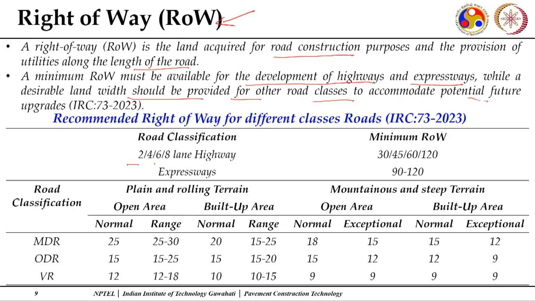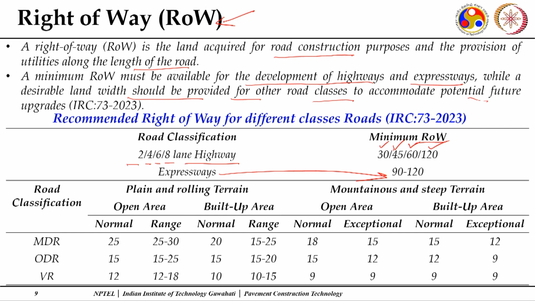If I construct 2-lane, 4-lane, 6-lane, 8-lane highways, what should be the minimum ROW, right of way? It says 2-lane 30 meter, 4-lane 45 meter, 6-lane 60 meter, 8-lane 120 meter. And for expressways, at least 90 to 120 meters of right of way should be there.